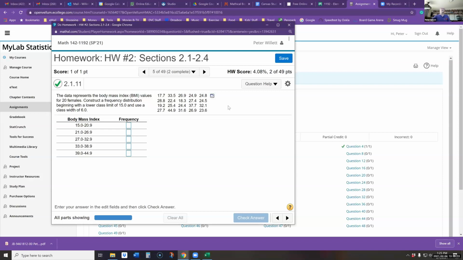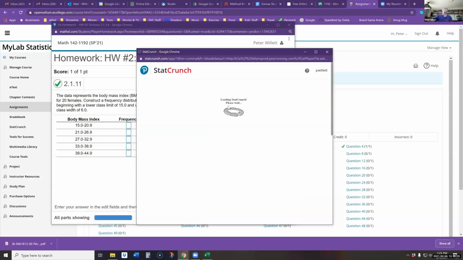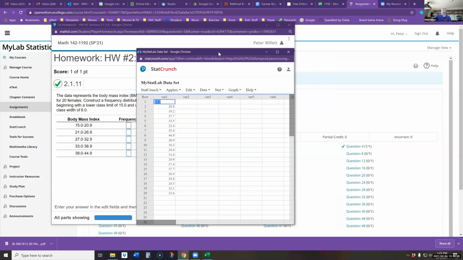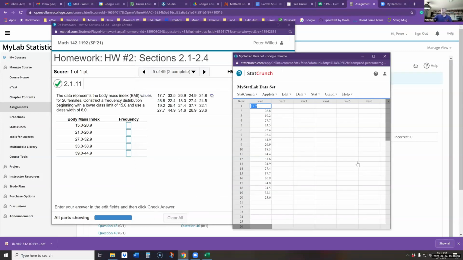If I open in StatCrunch, it has StatCrunch up here. It has the Pearson logo, but StatCrunch is actually a separate website, not My Math Lab or My Stat Lab, but it's been built into the My Stat Lab problems. After this class is done and you no longer have access to My Stat Lab, you can still go and use StatCrunch to do statistical analysis.